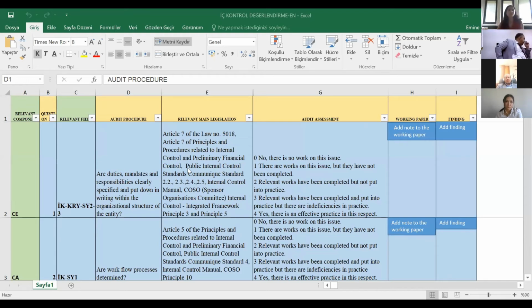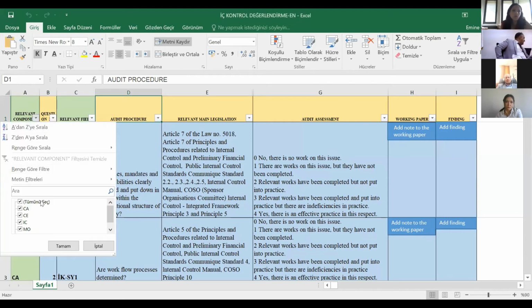And let's start with the first column, relevant component. Relevant component means the component of internal controls. CA means control activities. CE means control environment. IC for information and communication.